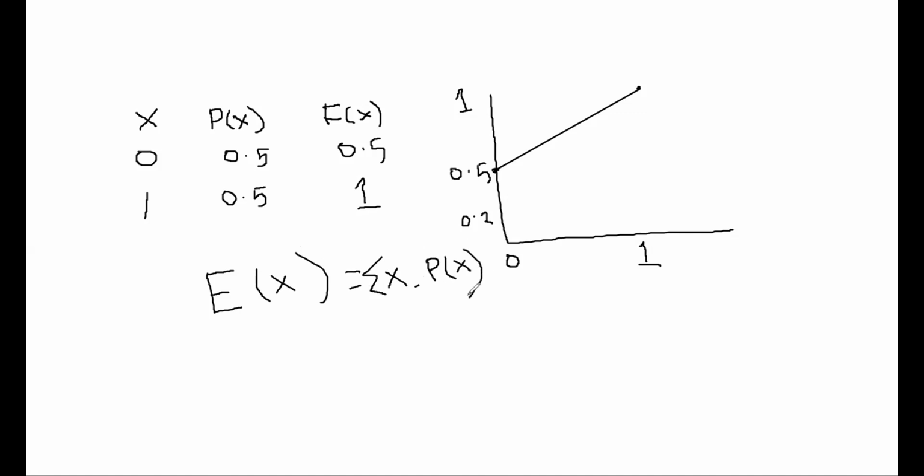And how we did it, we created another column with x times probability of x, and in the end we added all the values to get our mu. So I will do it here again.